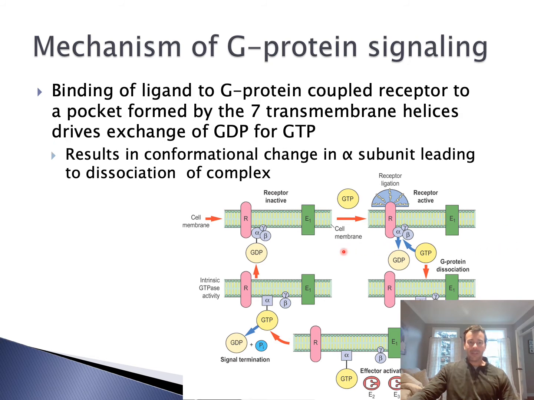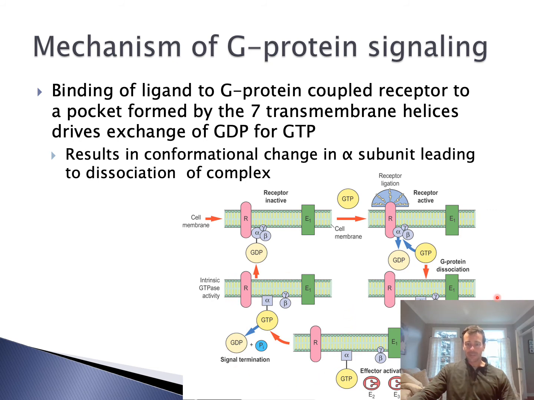The binding of the ligand to the G protein coupled receptor, shown here, again to this pocket formed by the transmembrane helices, drives exchange of GDP for GTP. This results in a conformational change in the alpha subunit leading to dissociation of the complex.